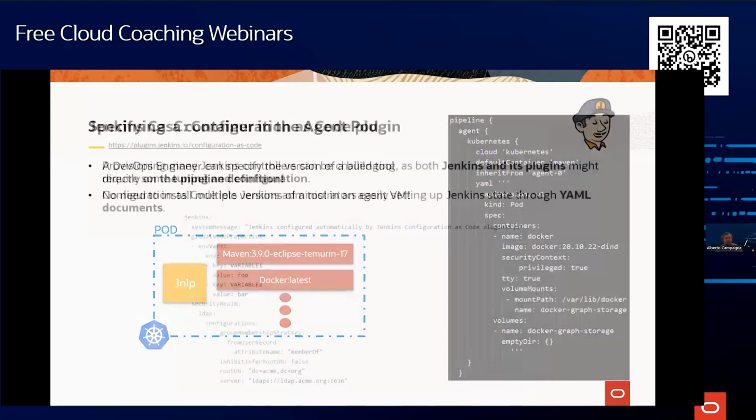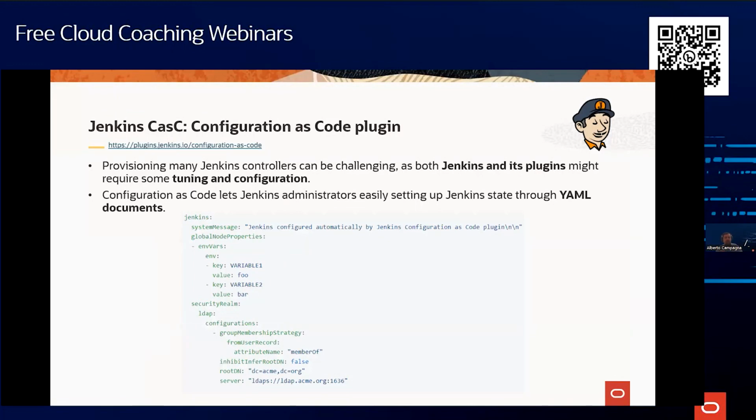Another plugin is the Jenkins configuration as code plugin. We are provisioning many Jenkins, so we use the configuration as code plugin because we want to instantiate the Jenkins controller.